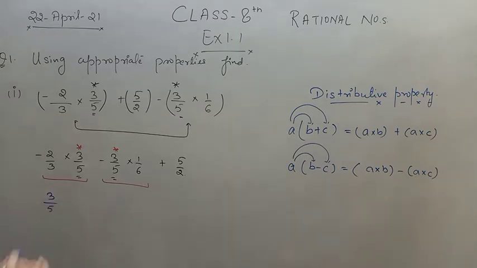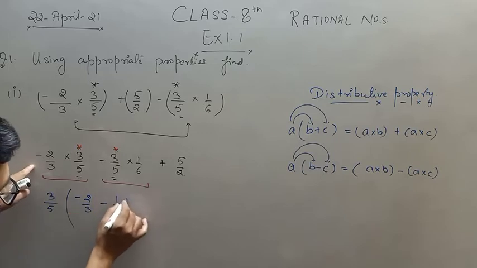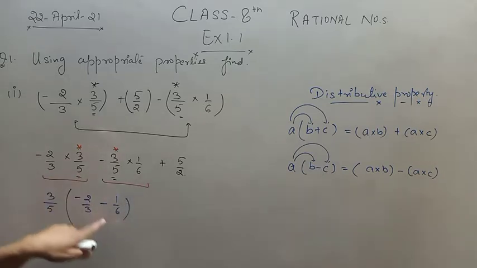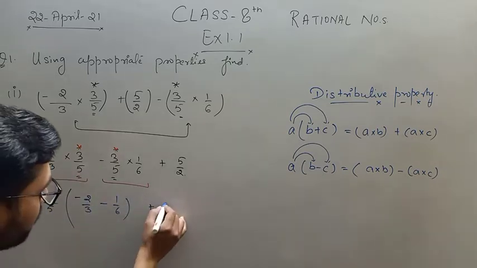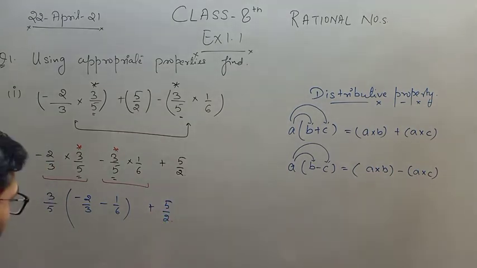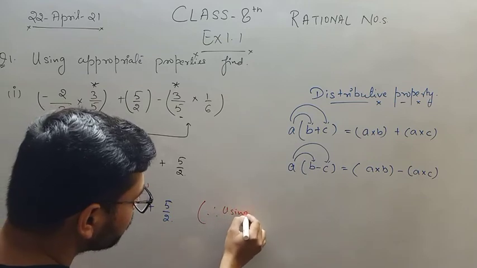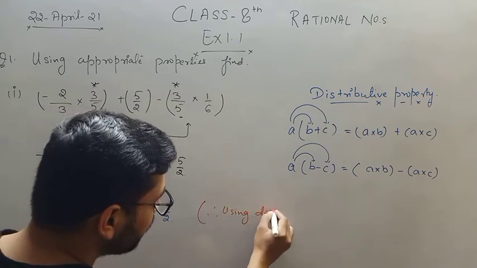Minus 2 upon 3 minus 1 upon 6, plus 5 by 2 as it is. So what I need to mention here is using distributive property.